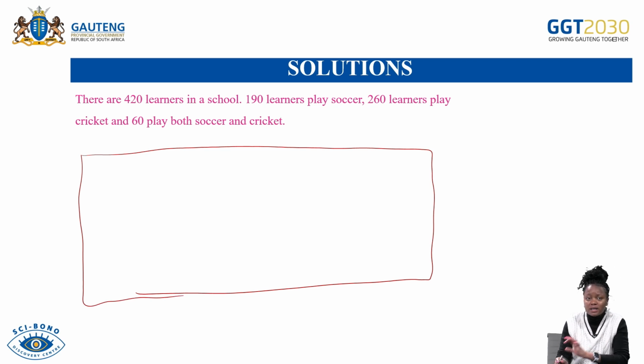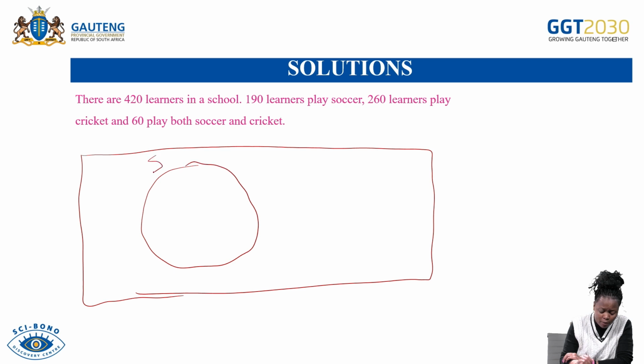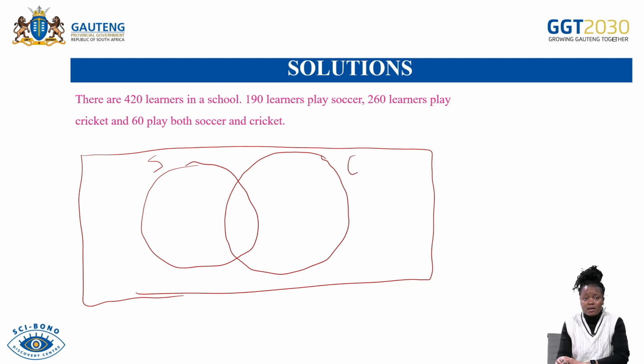Okay, so in your Venn diagram, you've got learners that are playing soccer. Then you've got learners that are playing cricket, right? So they're saying, how many learners do you have at a school? There are 420. 190 learners play soccer. We are not interested in that as yet. And then 260 learners play cricket.